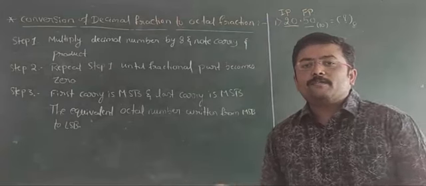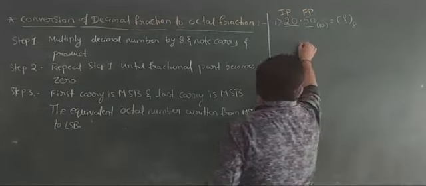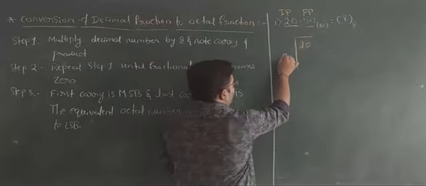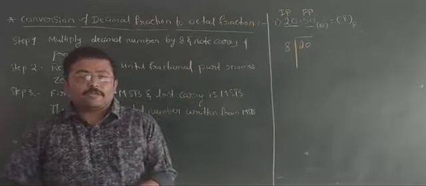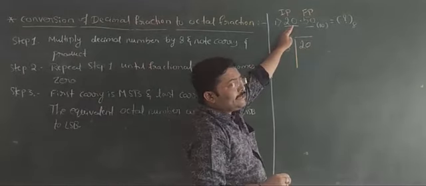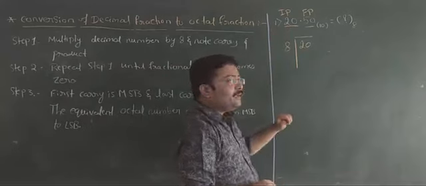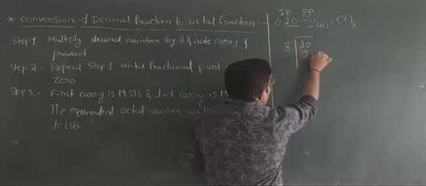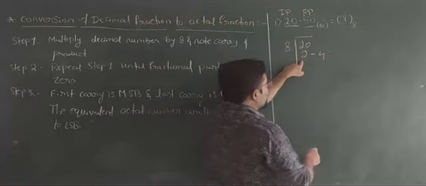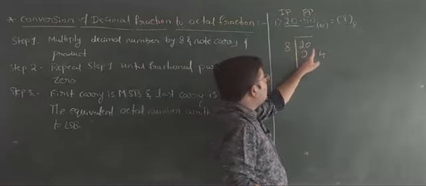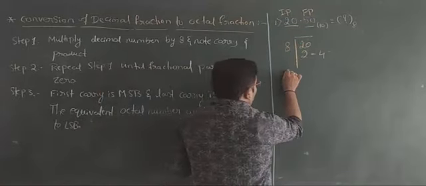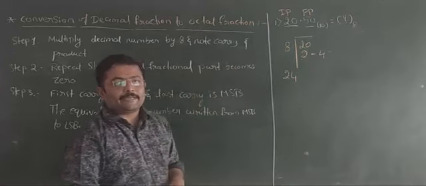The integral part is divided as it is: 20 divided by 8, because I am converting a decimal number to an octal number. 8 twos are 16, remainder is 4. This is my MSB and this is my LSB. So the octal number is 24. This is the integral part.